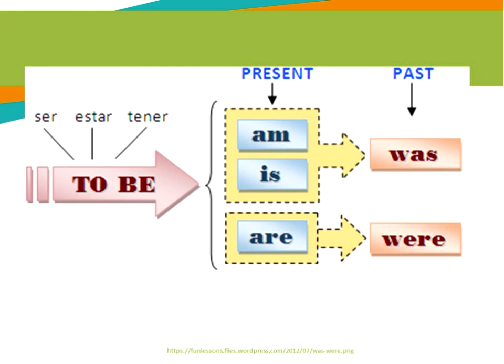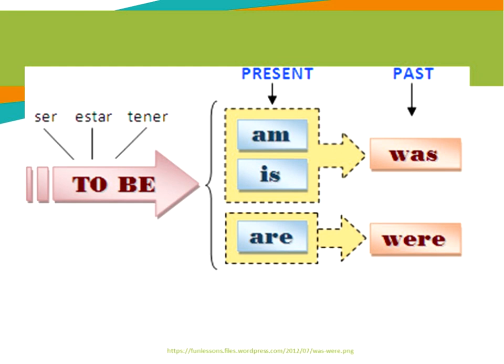Here we have a verb that is irregular. What is that irregular verb? The verb to be. But why is that irregular? Do you remember that we said that the regular verbs are the ones that you add ed? In this case, you are not adding ed. You are changing the complete form of the verb.